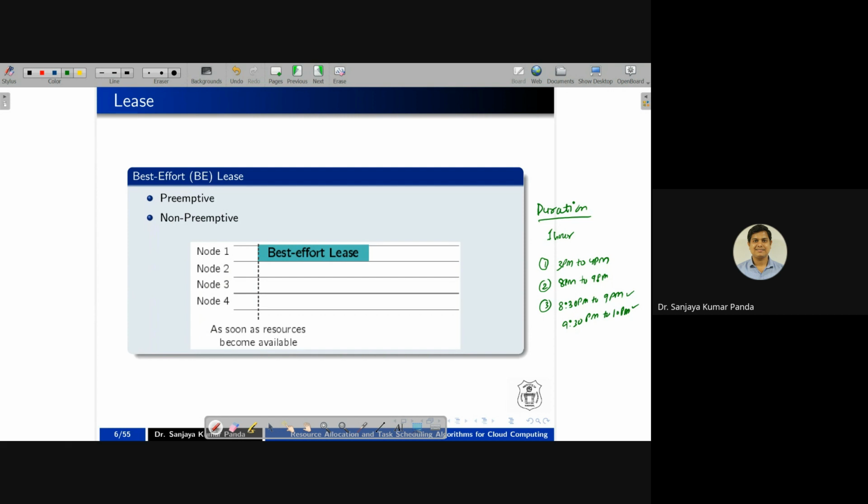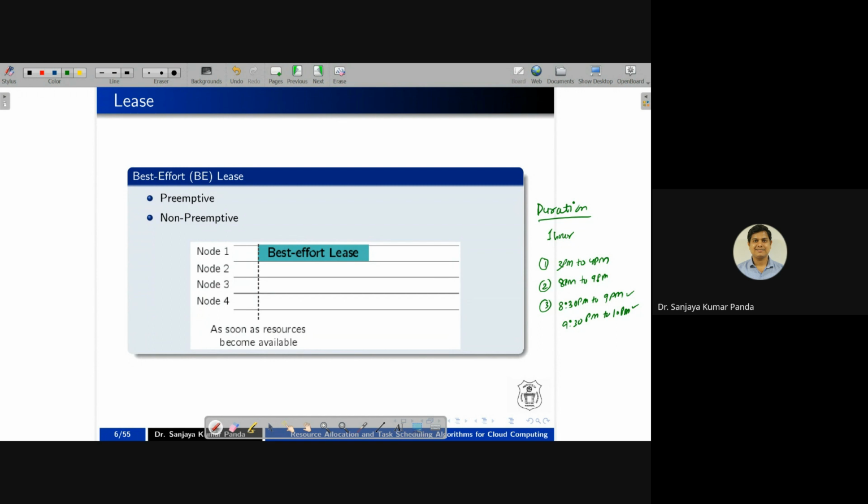So obviously, best effort lease has low priority in comparison to the advanced reservation lease. Right? If somebody is giving a specific time, definitely the cost is more. When you are not specifying a specific start time, the cost is less, right? So obviously, best effort lease has less priority in comparison to advanced reservation lease.